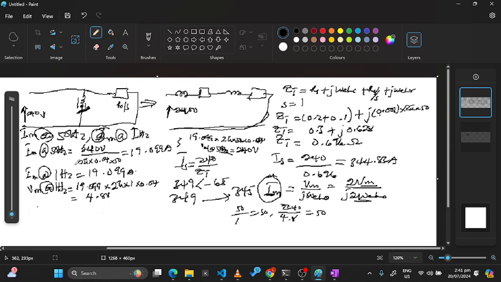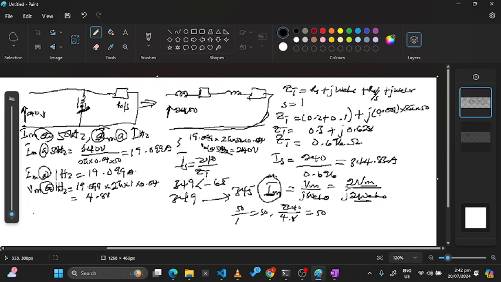Okay. So now that we have this VM at 4.8 volts, we know the current to be 19.099. Now we can find the current in here. We are still at starting. So now the voltage that will appear across the rotor resistance is going to be this 4.8, not 240. I hope this makes sense.